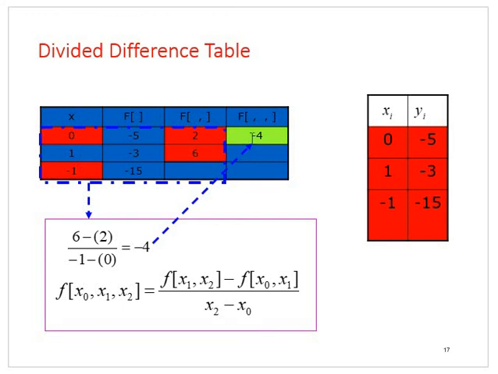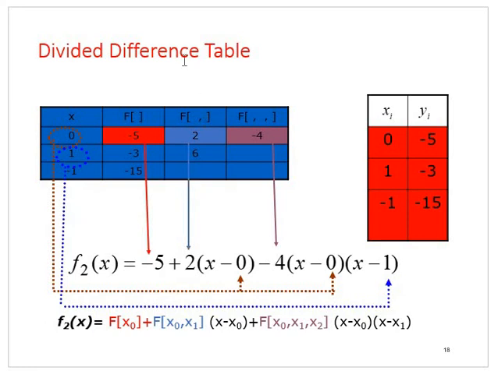So for this minus 4, you take 0, then skip 1, and then take minus 1 as your denominator. Suppose we had another column here, you would skip 2: take this one, skip this one as well, and take the third one. Okay.